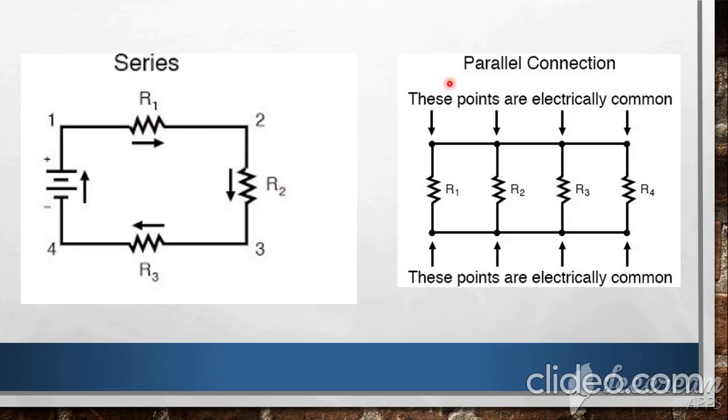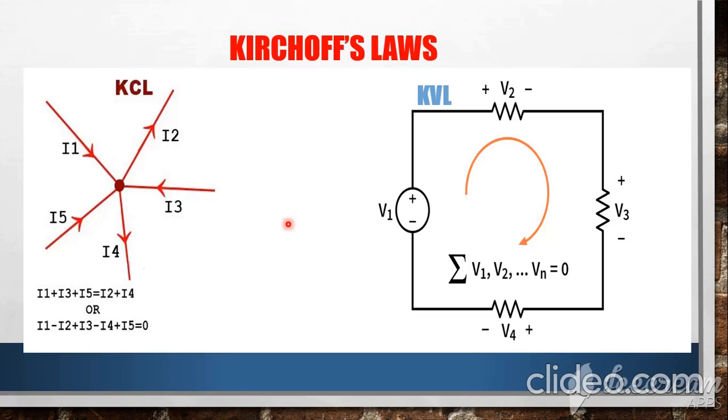And in parallel connection, the starting point and end point of R2 are connected to the starting point and end point of R1. This type of connection is called parallel connection. So we want to learn about series and parallel connection and how to find the effective resistance of a series and parallel network in module 1.